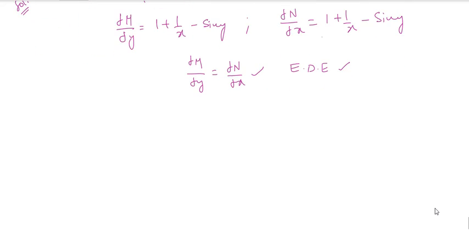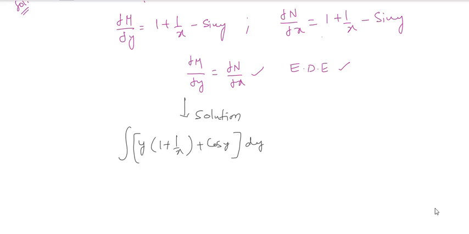The solution is the integral of M dx where y is a constant, plus the integral of N dy for the terms not containing x. So integral M dx, where M is y into 1 plus 1 by x plus cos y, plus integral N, the terms not containing x.